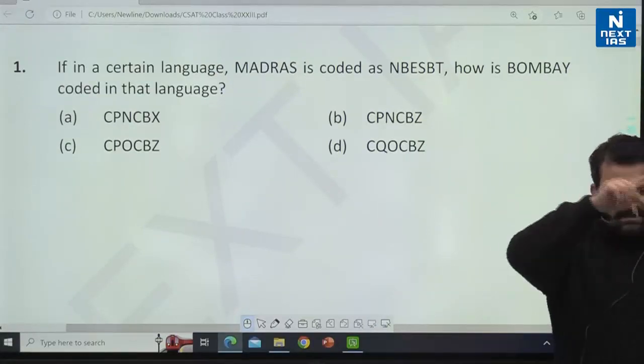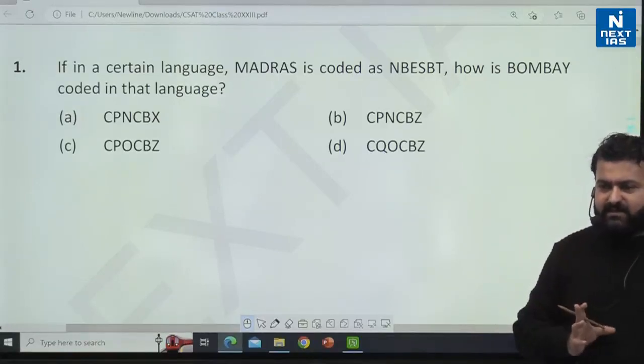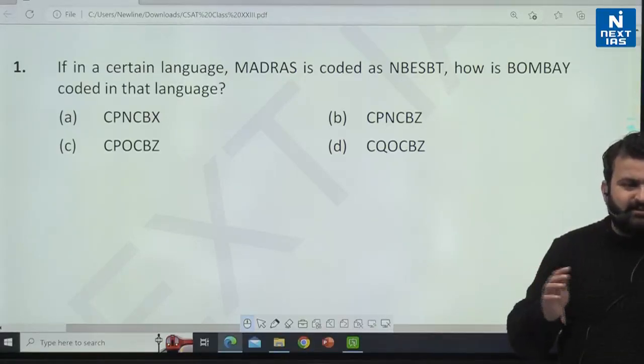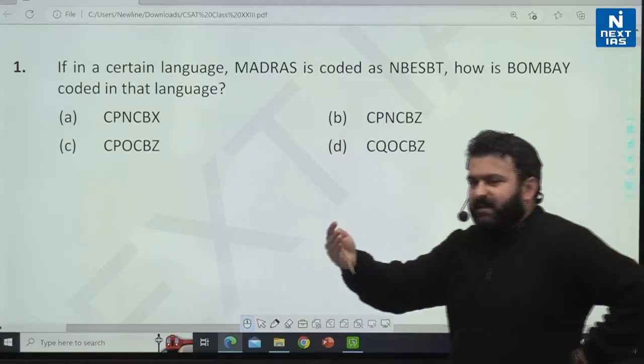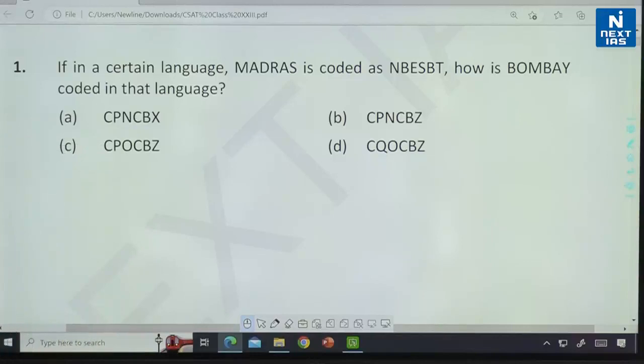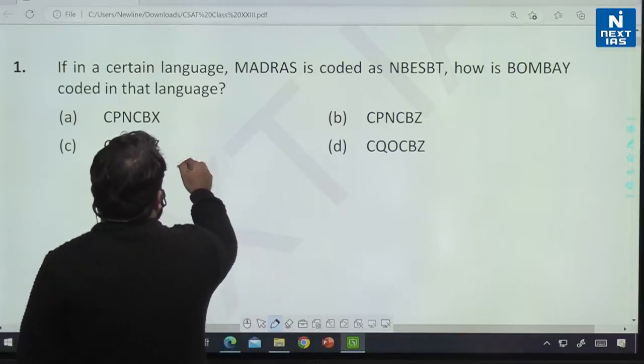Yesterday I gave you all that A to Z. You can use that circle, because in many cases the pattern is that a letter is replaced by 2 letters ahead of it or 3 letters ahead of it, or the same number from the opposite end. If you remember the numbering, it will definitely help you. So we'll take 2-3 questions first.